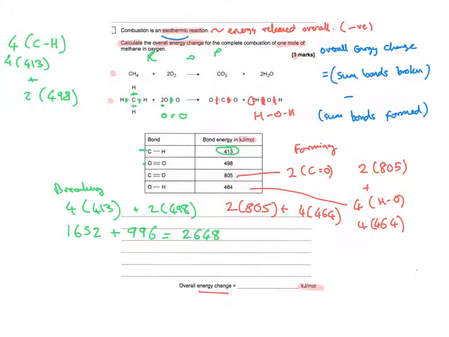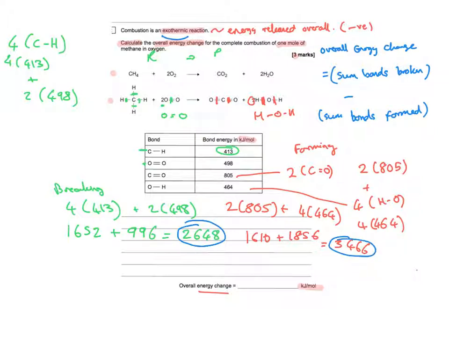And my forming is, if I do this calculation, that's that, add this, which equals 3466.